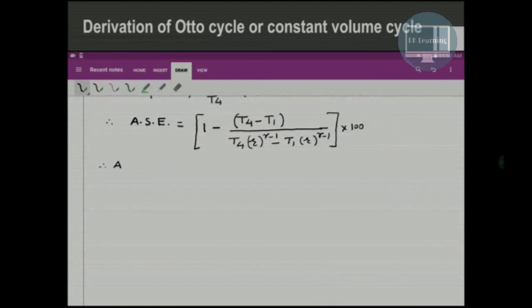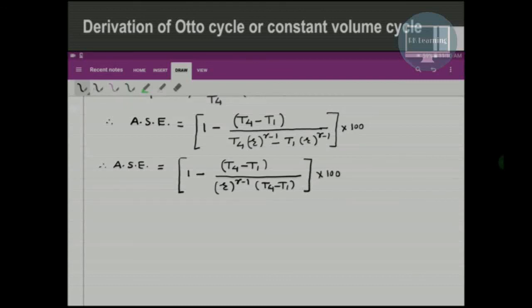So we can take r raised to gamma minus 1 common from the denominator. So the expression for air standard efficiency is 1 minus (T4 minus T1) upon r raised to gamma minus 1 into (T4 minus T1). So in the bracket again we'll have the same term T4 minus T1 that is present in the numerator, so we can cancel out that particular term.